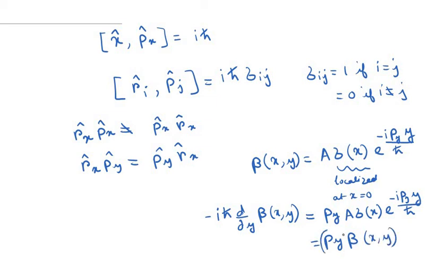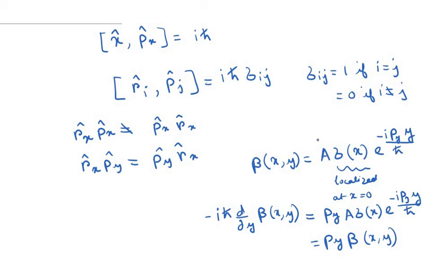So we get py as the momentum. So for this wave function we can simultaneously determine the x position of the electron and the momentum of the electron along the y direction.